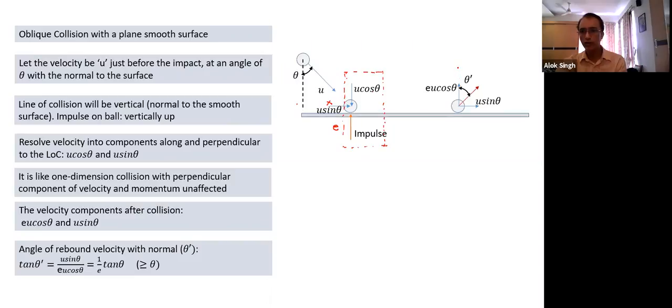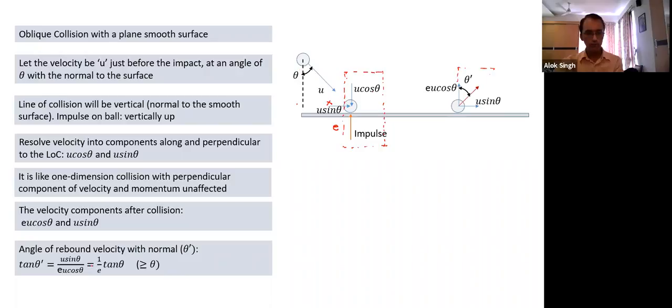If I extend this one, what is tangent theta? Tangent theta is this side, the x component divided by the y component. What is the x component? u sine theta. The y component is e u cos theta. Sine theta by cos theta, so tan theta by e. So will this theta dash be equal, greater, or less than theta?